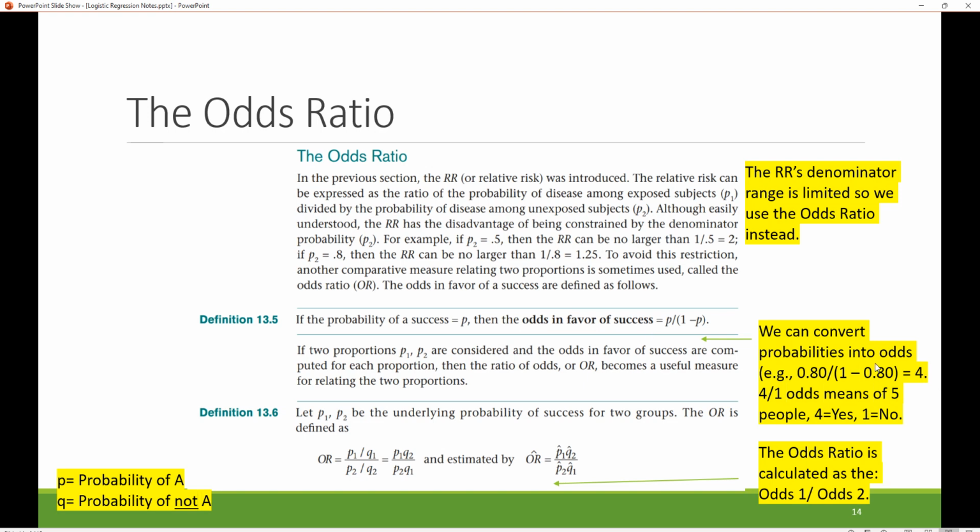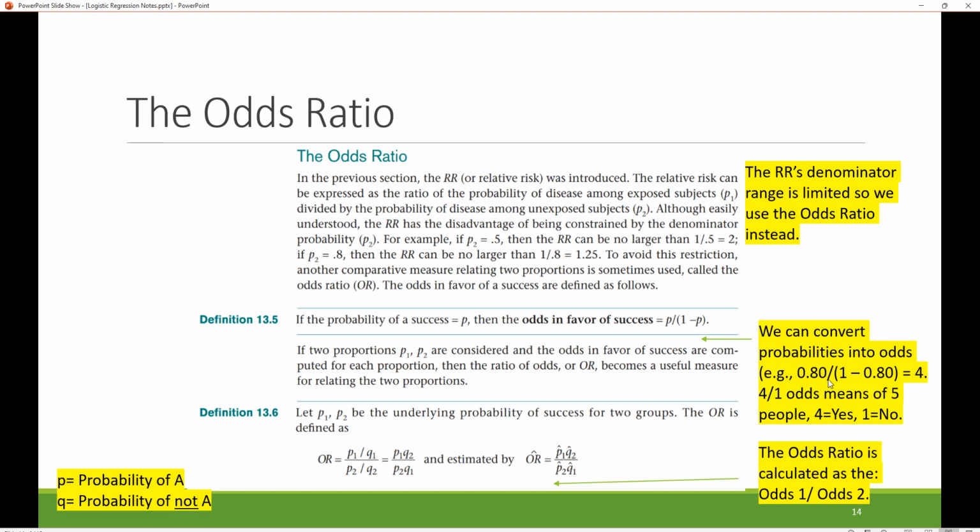We can convert probabilities into odds. So we're still working with probabilities, but now we're converting them into odds. For example, something has the probability of 0.80. The inverse would be that the probability is 0.20.